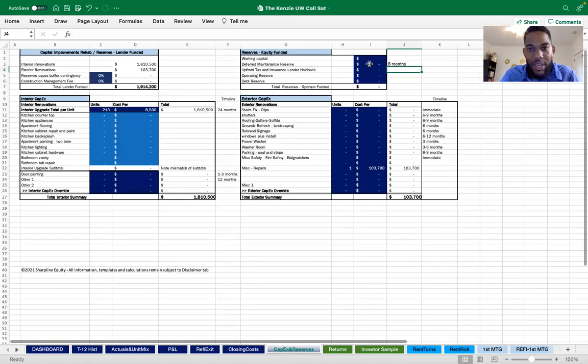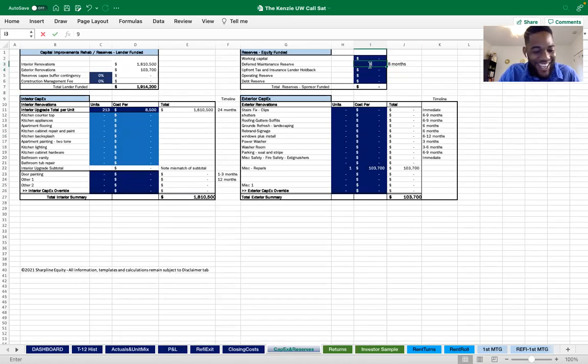So that's where we're at. But for a property this size, 213 units, at a 1974 vintage, Charles would probably say you could just burn straight through that, right? So we'll go ahead and assume 8 months for our deferred maintenance reserve.